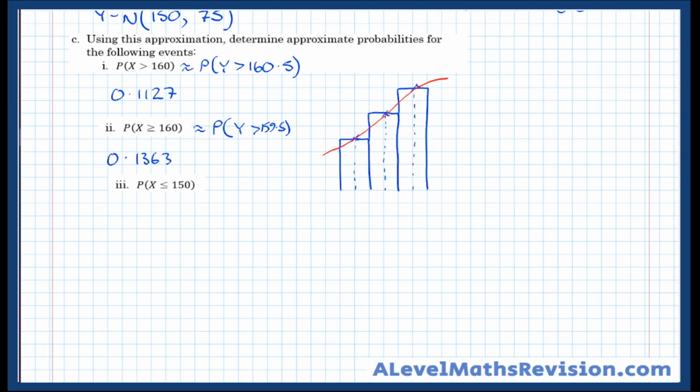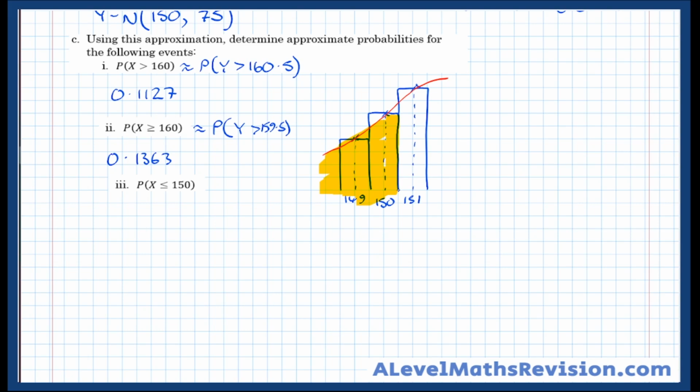So let's apply this again to this one here. So the probability that x is less than or equal to 150. Just for the purposes of explanation, I'll add these numbers to the diagram. So this is saying include all of 150, less than or equal to 150. So to include all of 150, we'd start there and go to the left. Less than or equal to 150, so everything from 150 downwards.